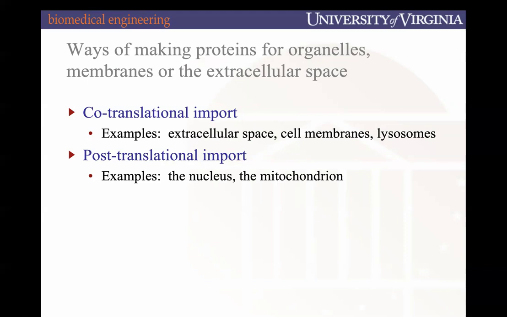One is co-translational import, which means during the process of translation, the peptide that's being synthesized is being imported into some of these key organelles. Where they go will determine whether it's co-translational import or not.